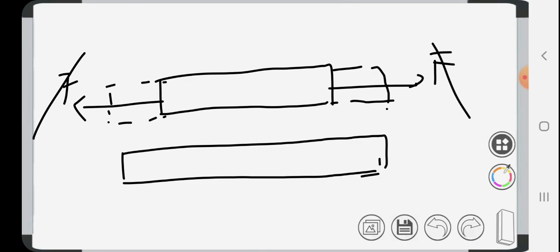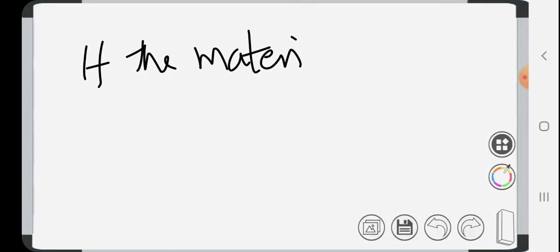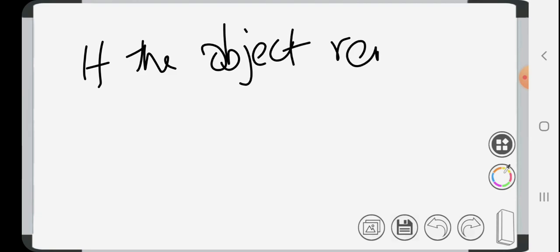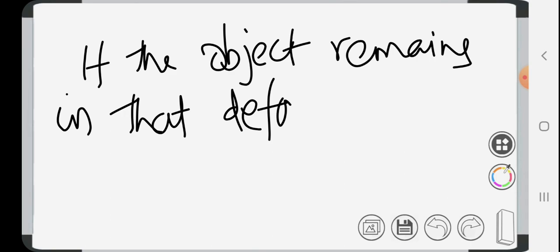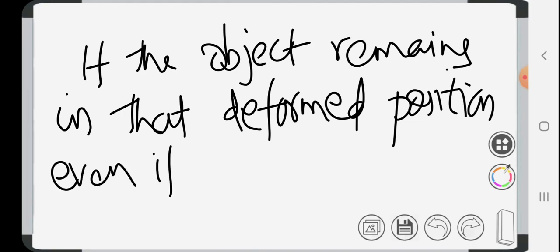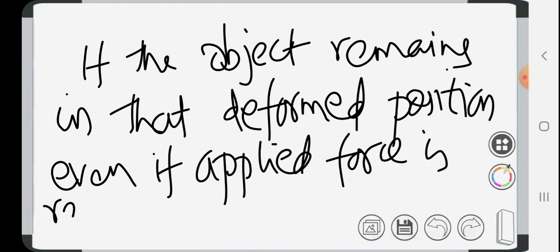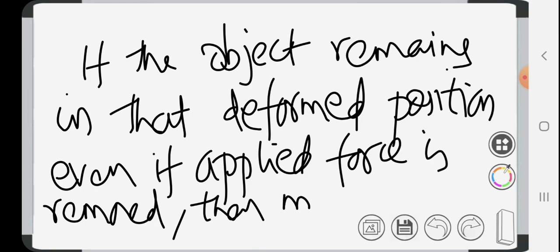If the material or object remains in that deformed position even if the applied force is removed, then the material has reached the plastic stage.